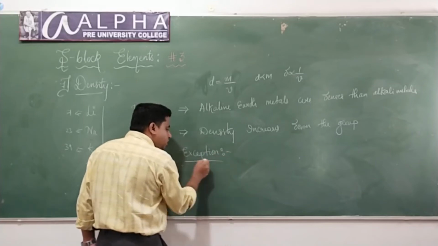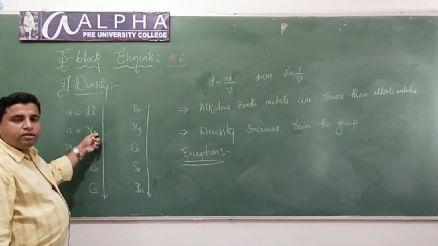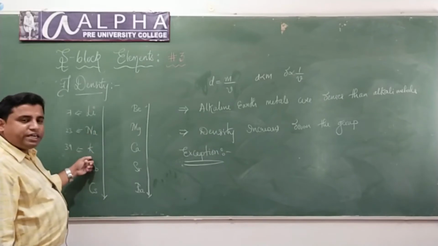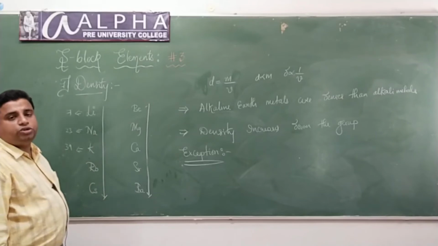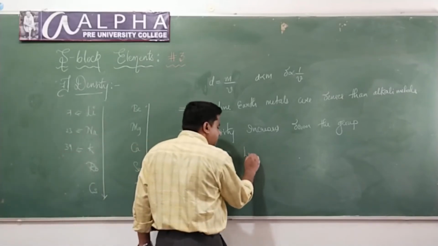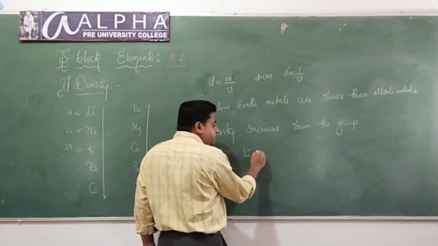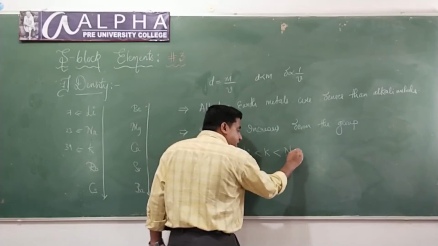Observe the alkali metals. From lithium to sodium, density should increase. From sodium to potassium, it should increase. From potassium to rubidium, it should increase. Rubidium to cesium, it should increase, isn't it? But look at the variation. No doubt, lithium has less density than sodium. But potassium has less density than sodium.